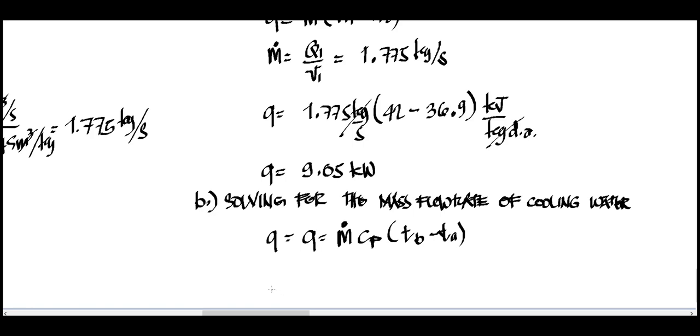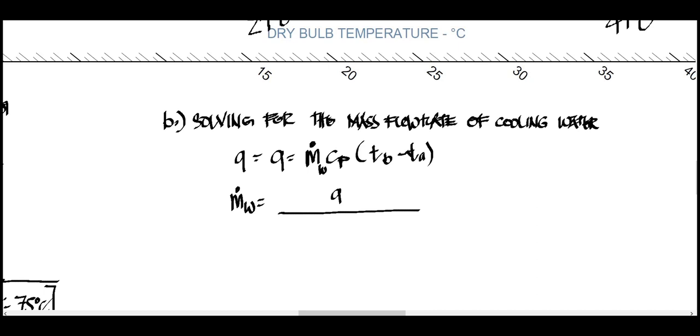So computing for the mass flow rate of the water, the mass flow rate of the water will be equal to Q divided by the specific heat of water at constant pressure times TB minus TA.